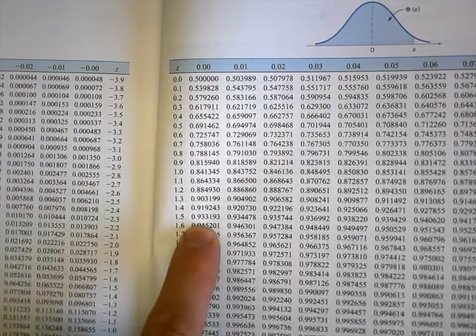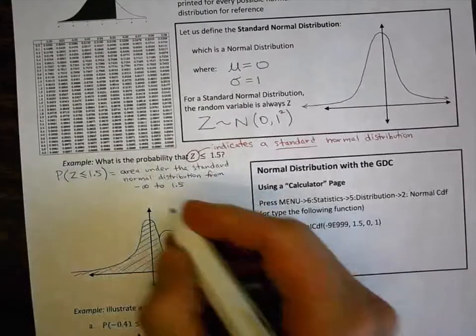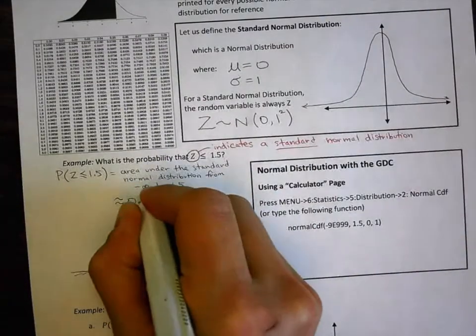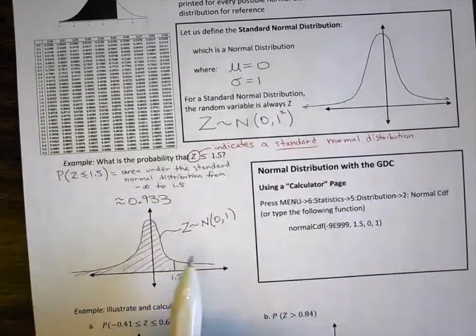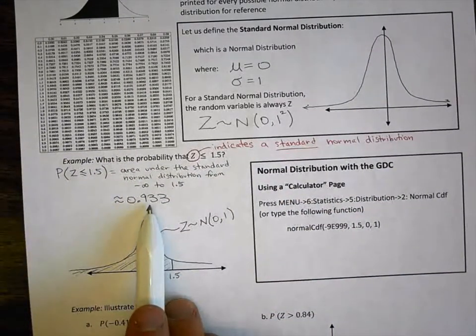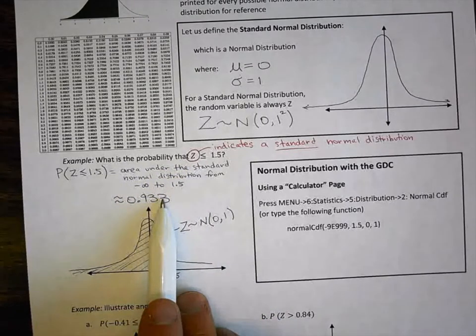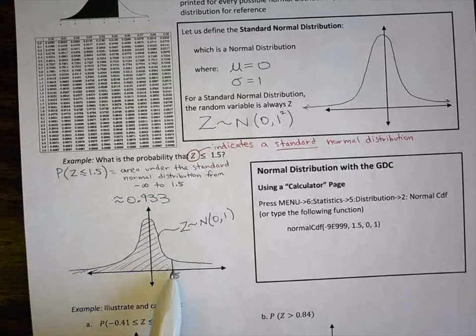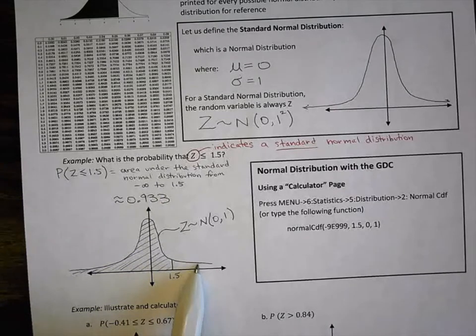So it's 0.933. So then I would write my answer. Approximately 0.933. So there we have just used the standard normal distribution to make a prediction that random variable z is less than 1.5. It's a 93% chance. My sketch is a little off. Technically this should probably be further up, but we got the idea.